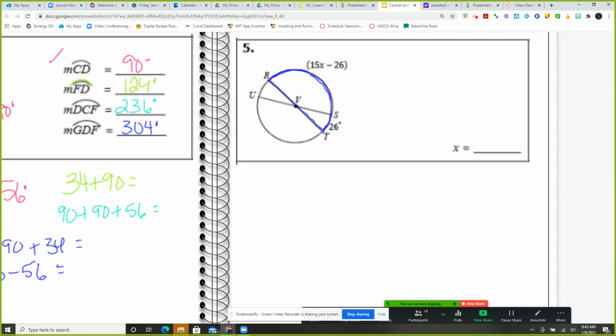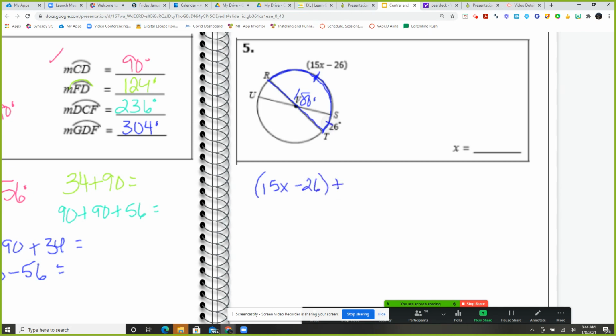How many degrees in a semicircle? If the whole circle is 360, then half of that is going to be 180. So if this piece is 15x minus 26, and this piece is 26, what equation can I write? 15x minus 26 equals 180.